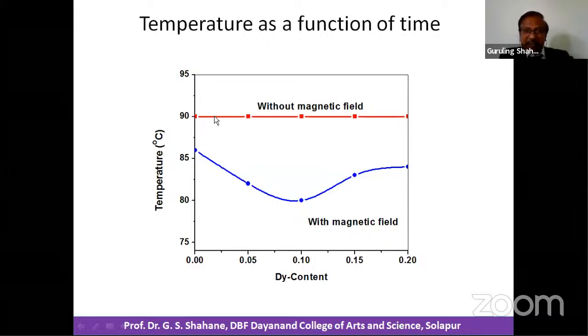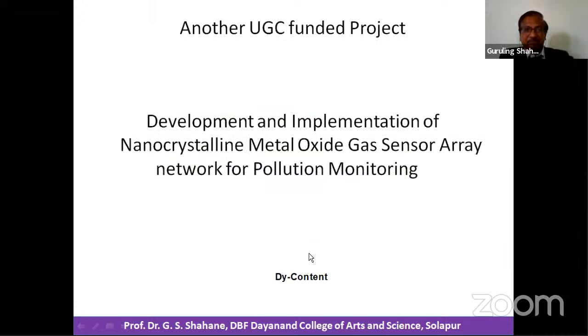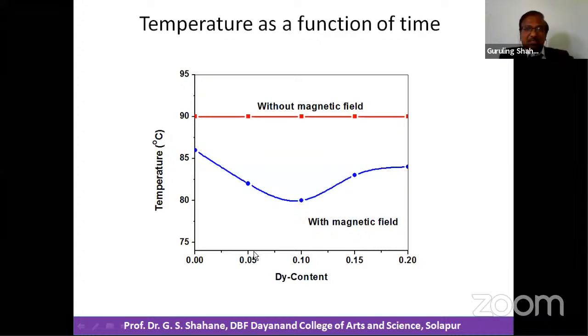Without magnetic field, the temperature of that hot object is high for these different compositions, but with magnetic field, you'll see that the temperature of that hot object is reduced, and a Dy concentration of 0.1 shows better performance. So we can use this also to enhance the thermal conduction.